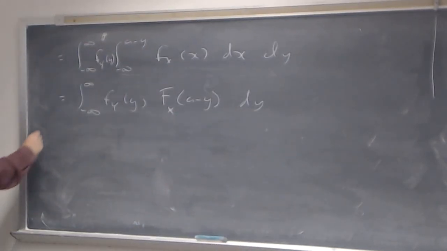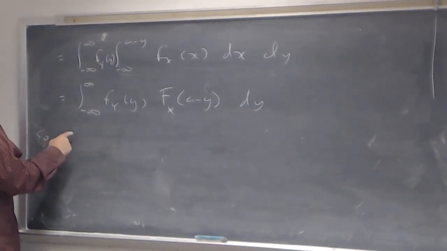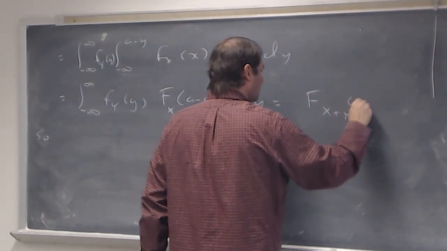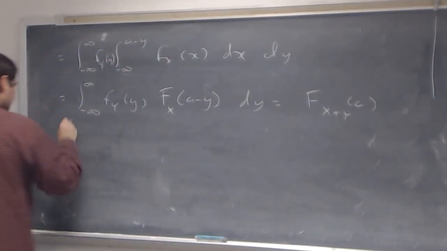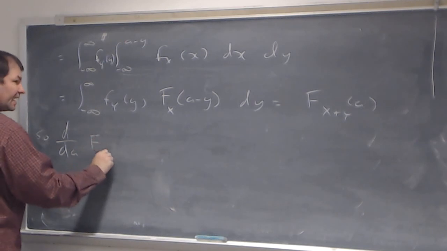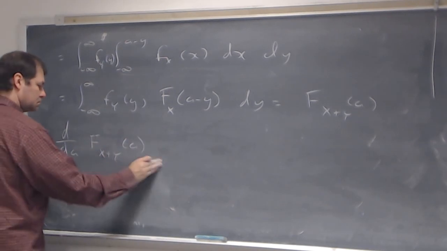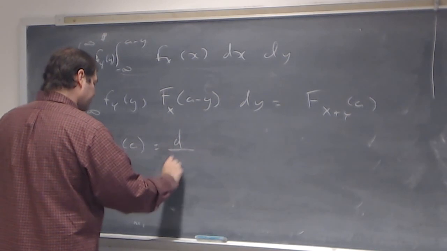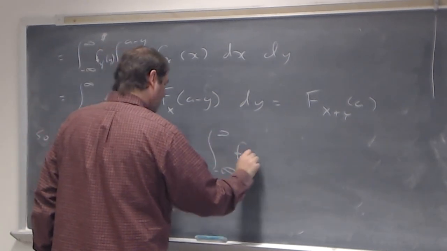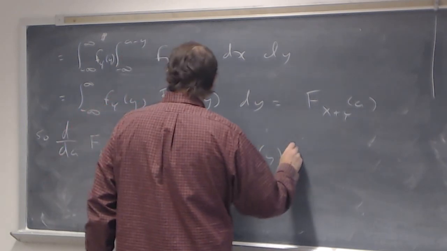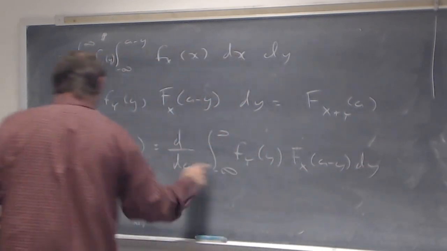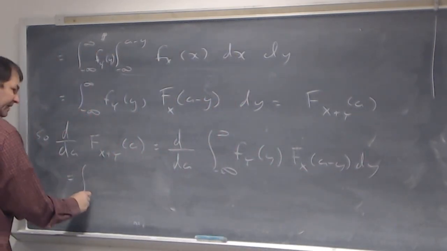Okay? So that's what, if you recall, F sub x plus y of a is. So if we take the derivative with respect to a of the CDF, that's going to be the derivative with respect to a of the integral from minus infinity to infinity of f sub y of y times F sub x of a minus y, dy. And I'm telling you, you can bring that derivative inside the integral.